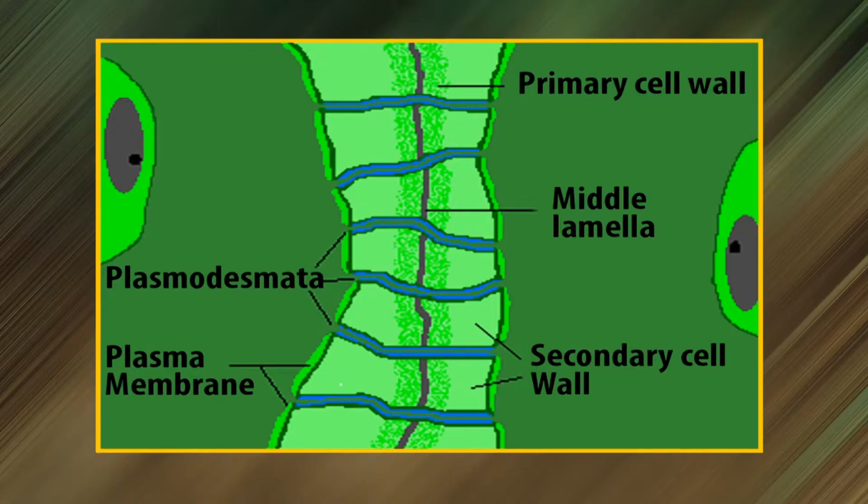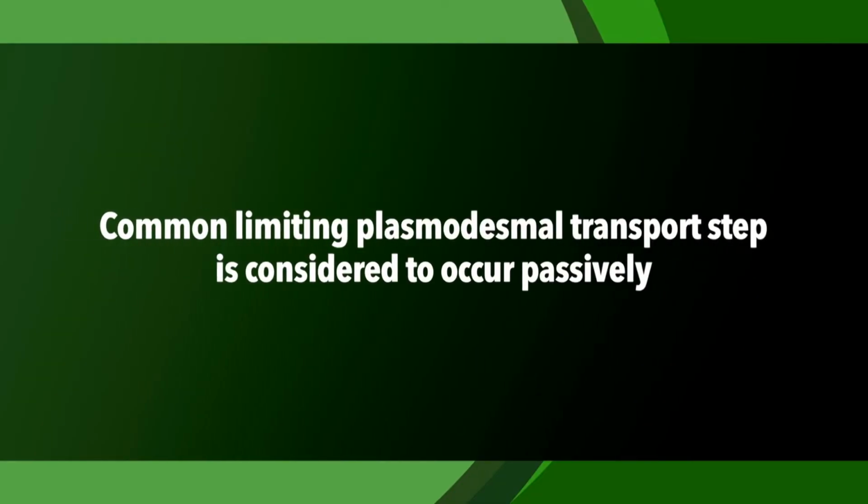These cells are arranged in series with intercellular transport via plasmodesmal interconnections. In most circumstances, intracellular transport is unlikely to be rate limiting in meristematic or vacuolated cells. The common limiting plasmodesmal transport step is considered to occur passively.